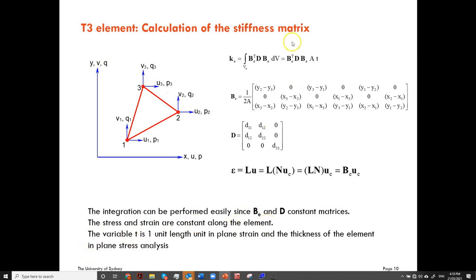And the t that appears in the stiffness matrix is going to be unit length if you are doing plane strain analysis, or the thickness of the element if you do plane stress analysis. These coefficients are going to be different for plane stress or plane strain or anisotropic analysis.